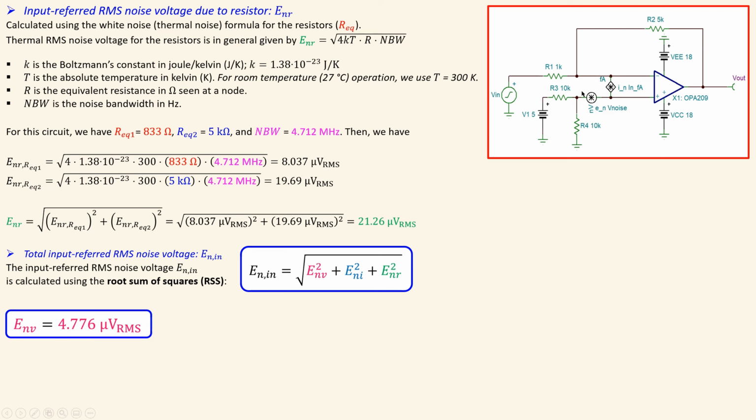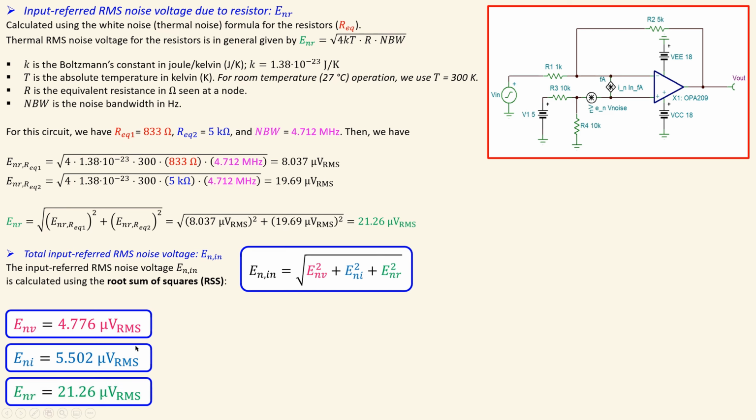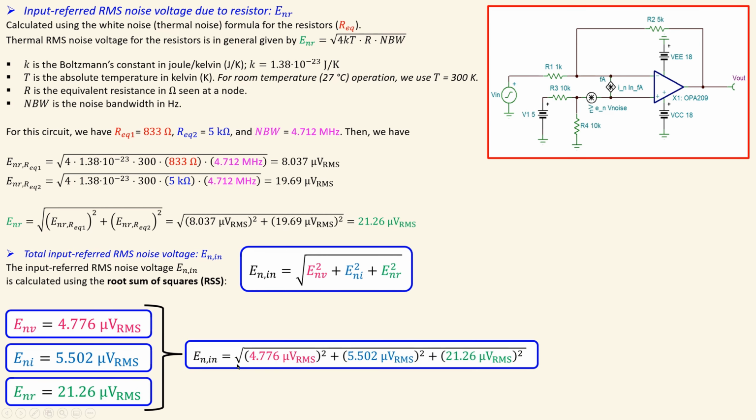input noise voltage source of the op-amp is given by this value, and for the noise current contribution at the input was this, and for the thermal noise voltages it was 21.26. So that's actually the major contribution in this case. So if you combine them together, again using this formula, just substitute in here, you will get 22.48 microvolts.